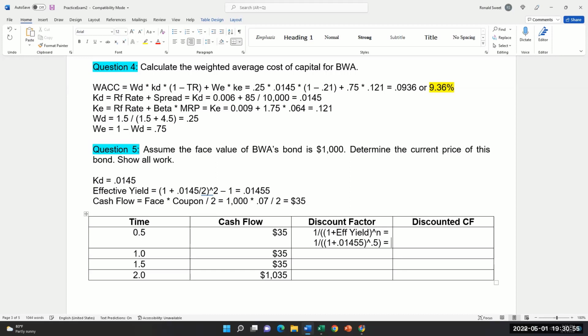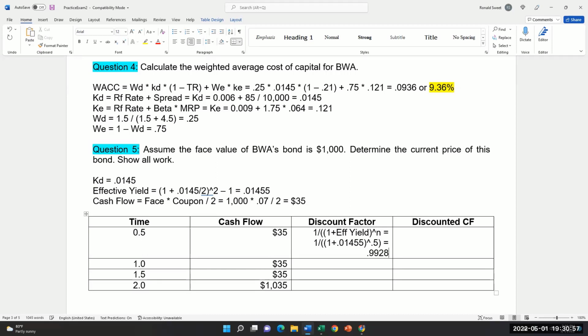That equals 0.9928, 0.9857, 0.9786, 0.9715. You do it to the 0.5, you do it to the 1. I'm not going to type them down each time unless y'all want me to do that. Hopefully, you know, each time you do whatever's over there on the side.